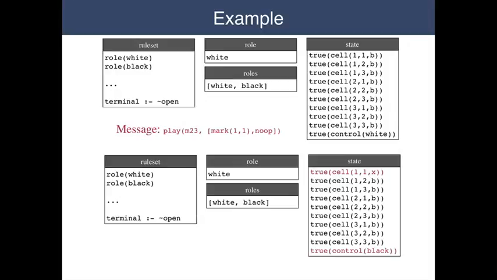This time the move is not nil, and so the player uses findnexts to compute the next state. There are two differences. There's now an X in cell 1-1, and control is switched from white to black. Using this state, the player then computes the first legal action in this state. Its only legal action, which is noop, and returns that as the answer.